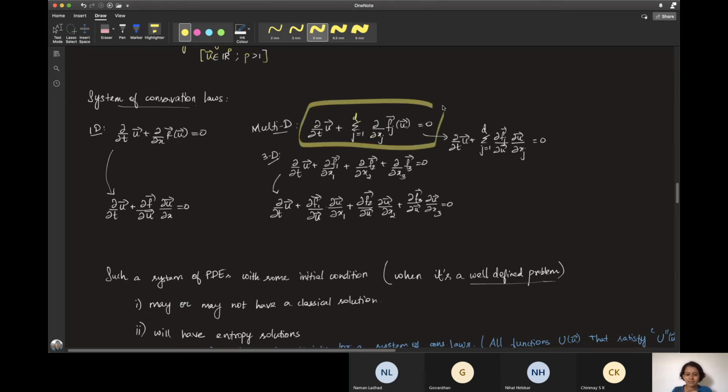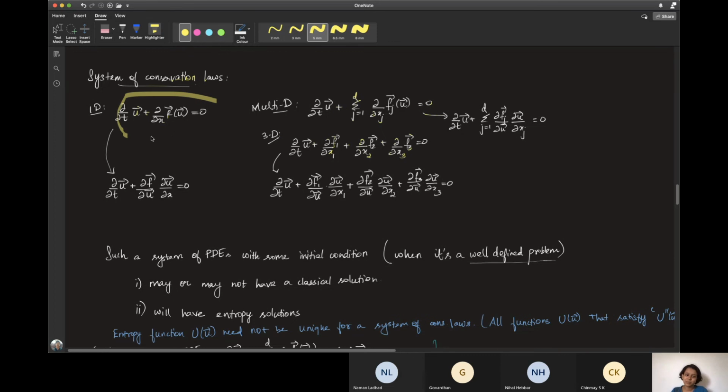I have written this in different dimensions just to have some clarity. So in 1D, you will have the conserved variable vector and your flux is only in one direction, that is in x direction. Whereas in 3D, your flux is in three directions. In 2D, you will have it only in two directions.